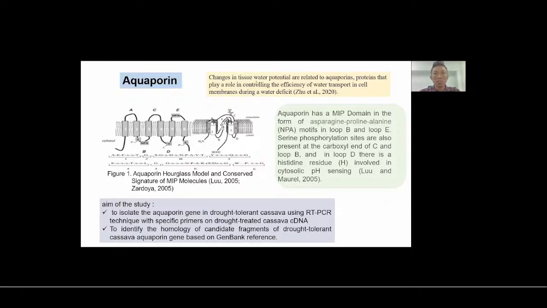Changes in tissue water potential are related to aquaporin, which plays a role in controlling the efficiency of water transport across the cell membrane during a water deficit. Figure one, aquaporin model, shows the first signature motif and ultimately the aquaporin form.